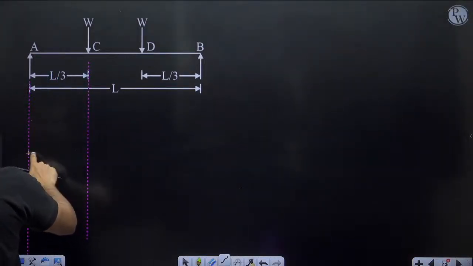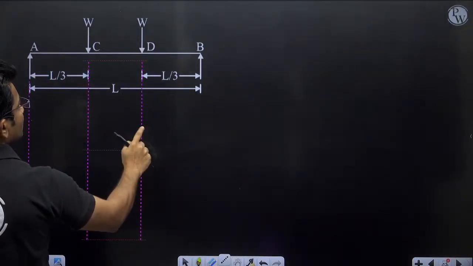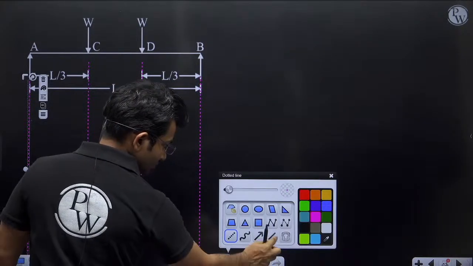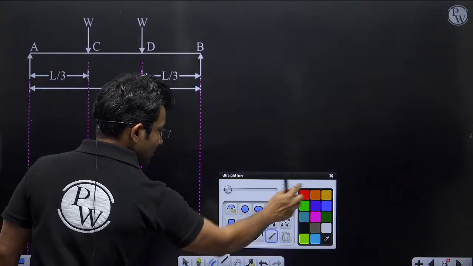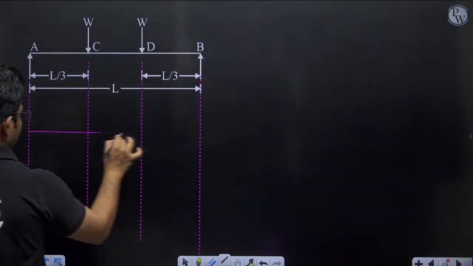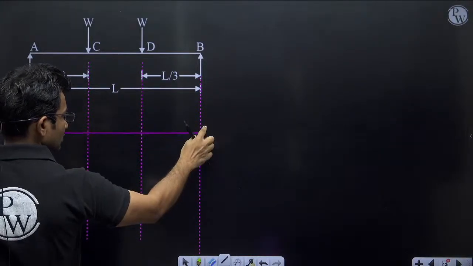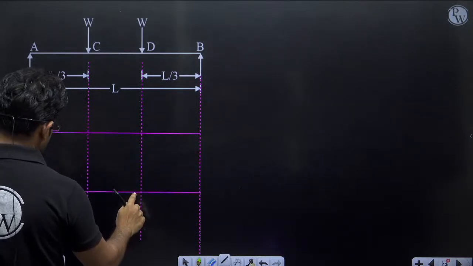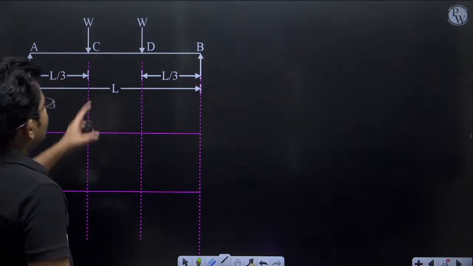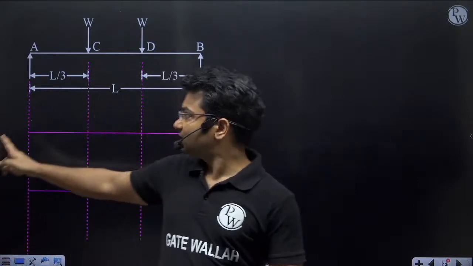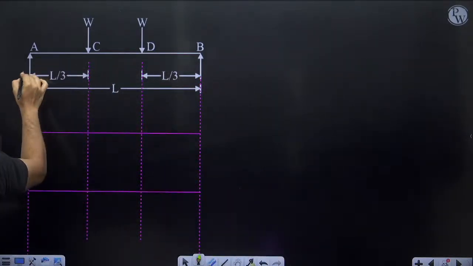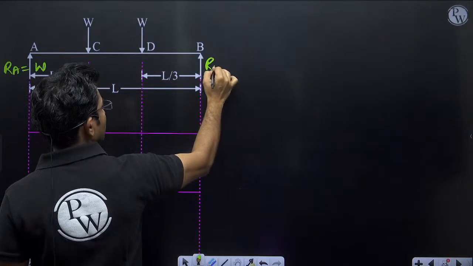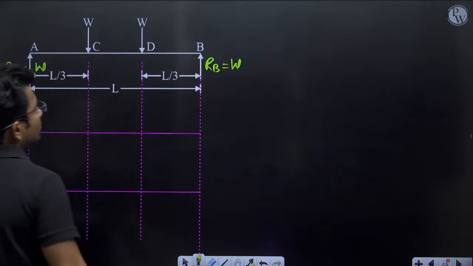Okay, so shear force diagram, how will be the shear force diagram? Can you tell me? How will be the shear force diagram? See, support reaction, in this case support reaction will be W, RA is equal to W, and RB will also be equal to W. How we will get it?